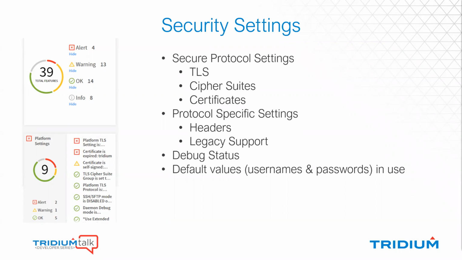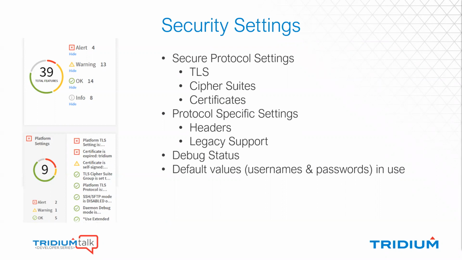If you need some sort of legacy support as part of your protocol, you want to note whether that's currently enabled or whether it's not. If you have any extra debug information built into your module, you want to note whether that's currently on or not.